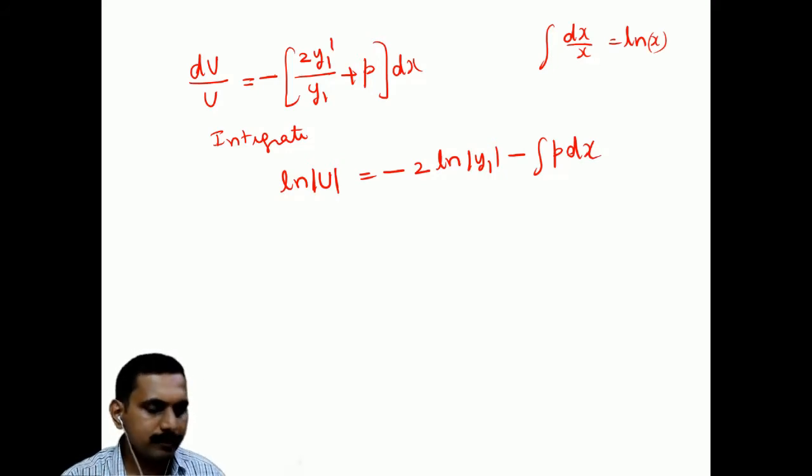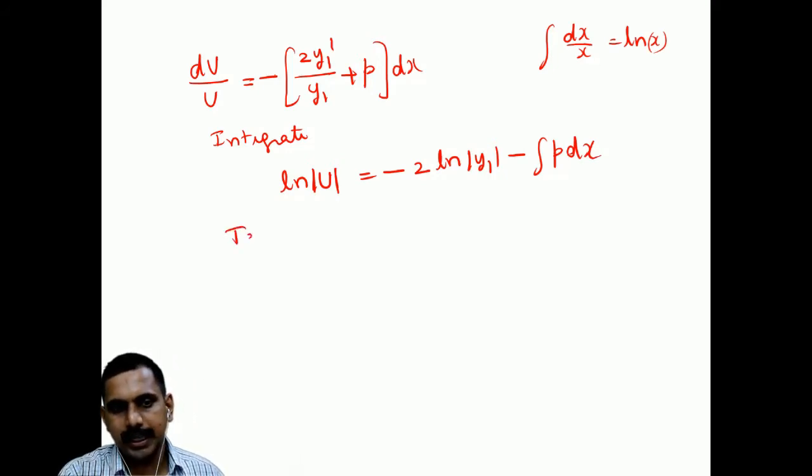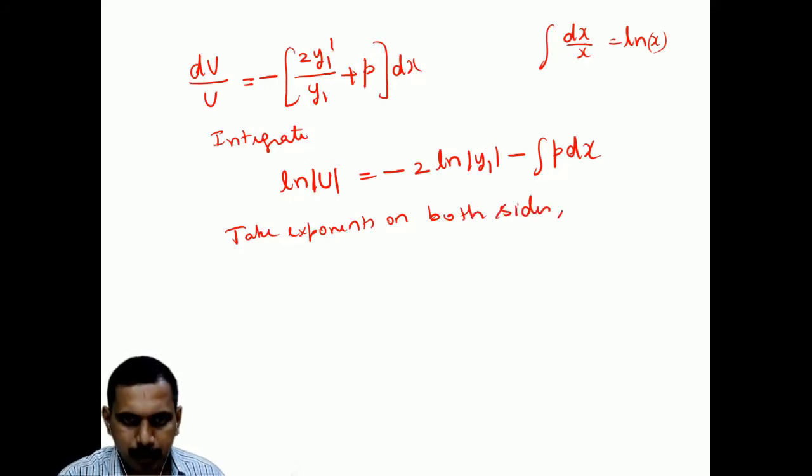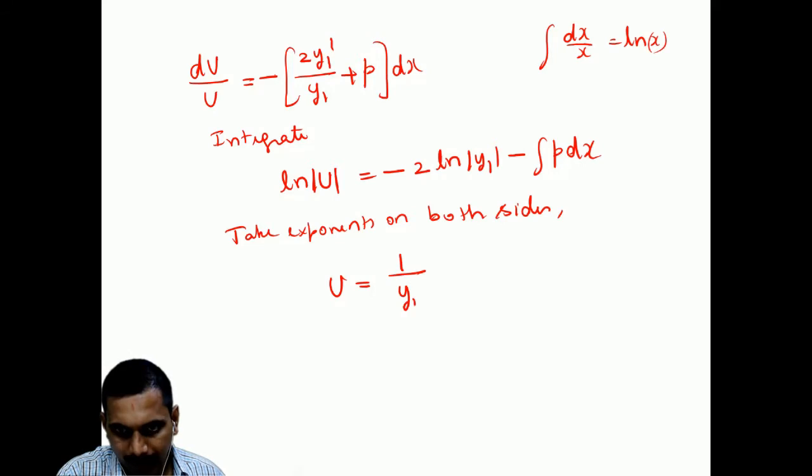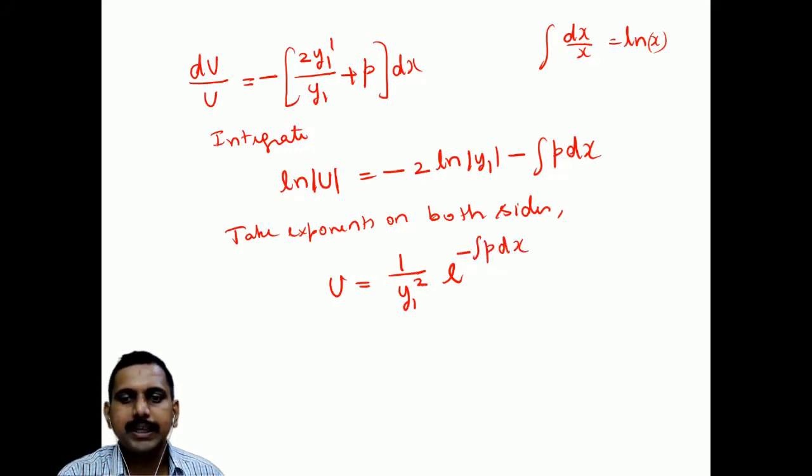Now what we will do, we will take exponents on both sides. If we take exponents on both sides, we will get u is equal to 1 by y1 square into e power minus integration of p dx.